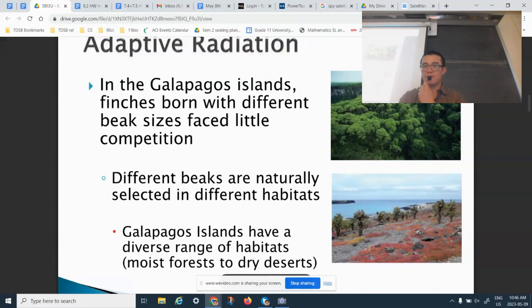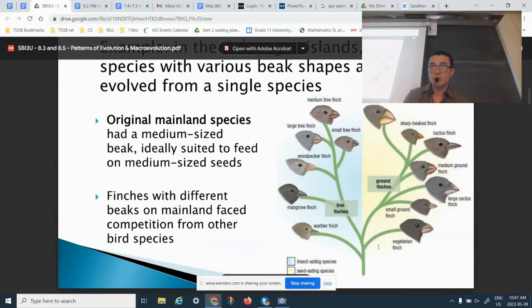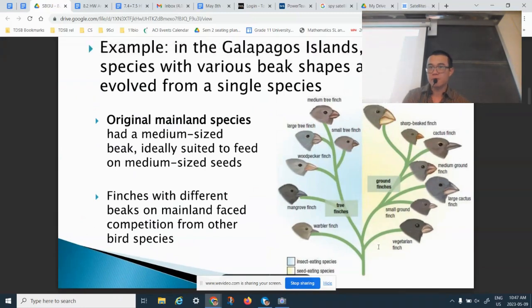Very dry desert. So in this case, the different finches that settled and occupied different islands, they will have to evolve. They will have to adapt to the different selective pressure.